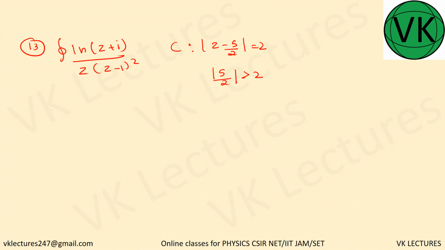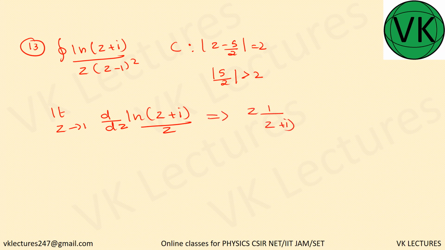So limit z tends to 1, d/dz of log(z + i) divided by z is equal to z into 1/(z + i) minus log(z + i) whole divided by z square, which is equal to 1/(1 + i).